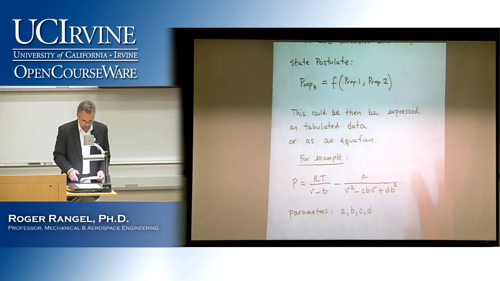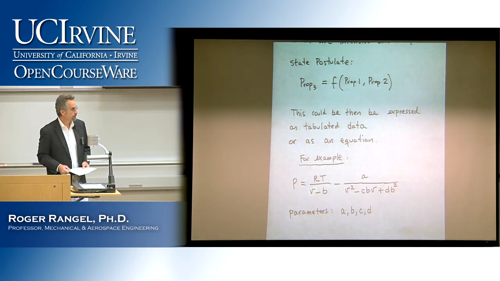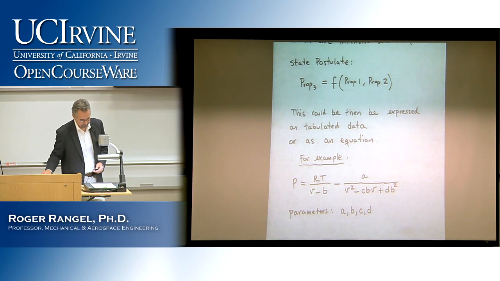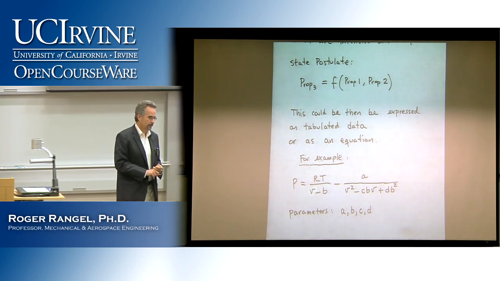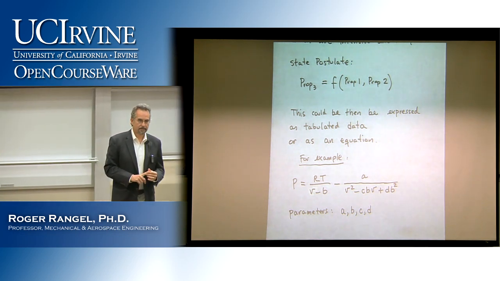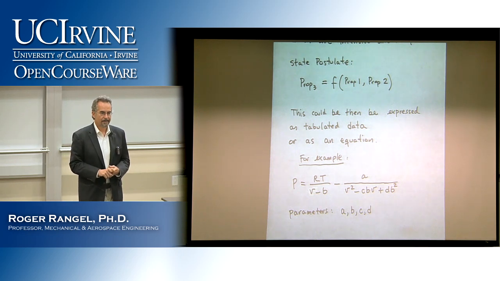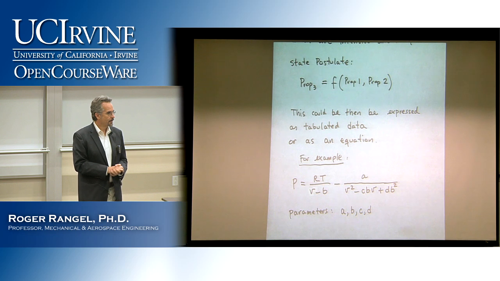Now, of course, you can recognize something there. What happens if A, B, C, and D are all 0? What do you get? I'm sorry? Then you don't really have a system.